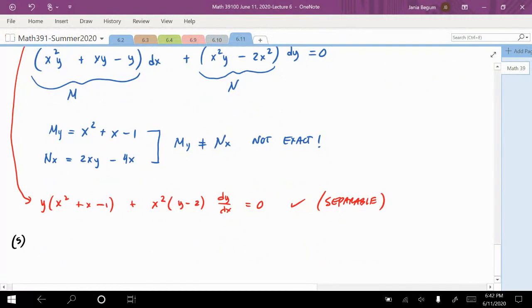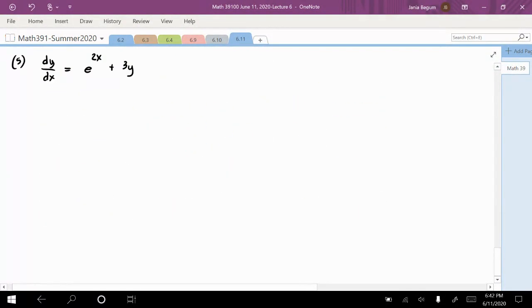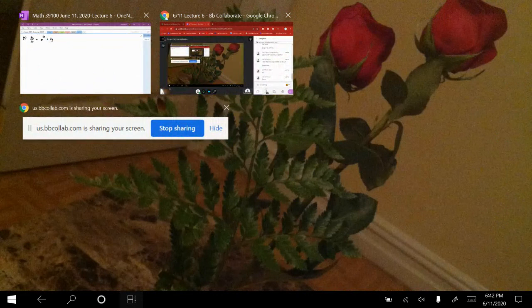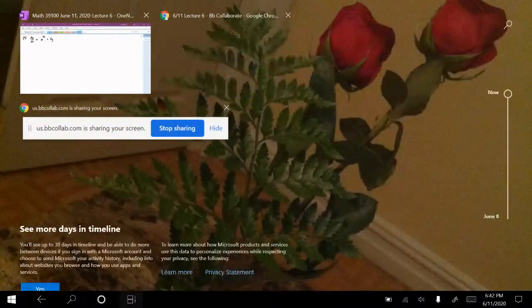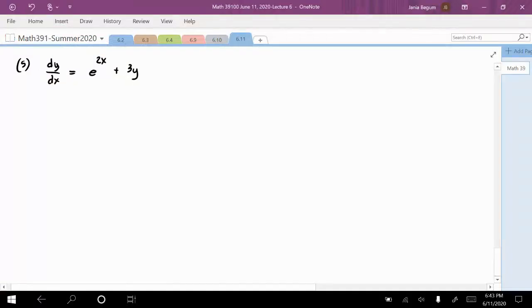Let's look at the fifth example. What if you have dy/dx equal to e to the 2x plus 3y? Which method is applicable for this equation? It should be linear. Yeah, right?